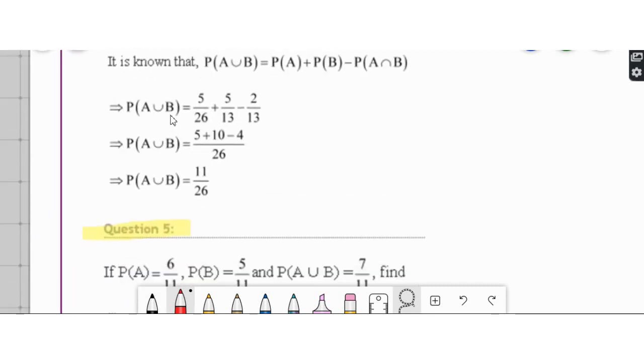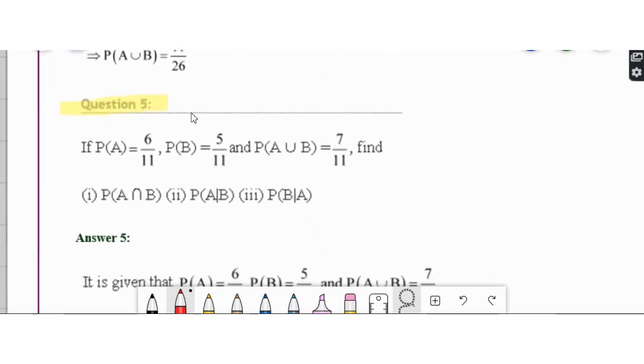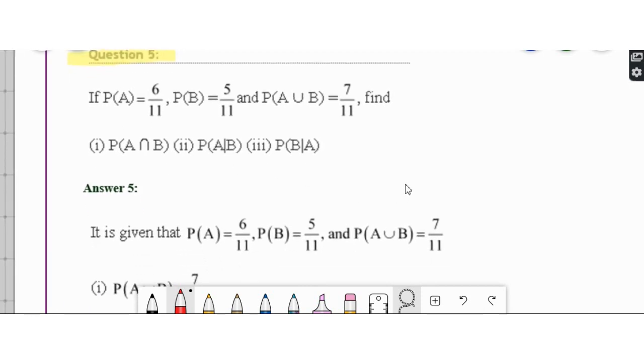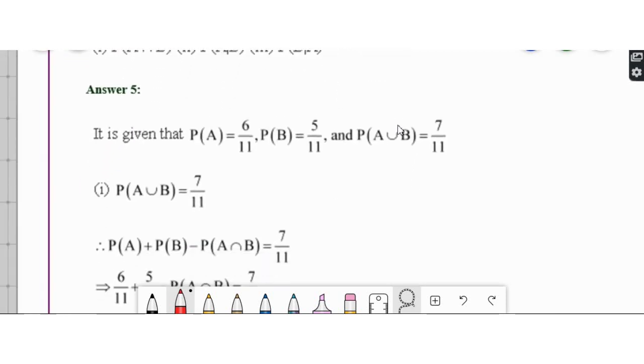Okay, going towards question number 5. Similar type of question I am not doing. Once again, let me tell you. Question number 5. P of A, P of B, and union are available and we have to find out the intersection, A by B and B by A. You can see every time we are using only a few formulas.